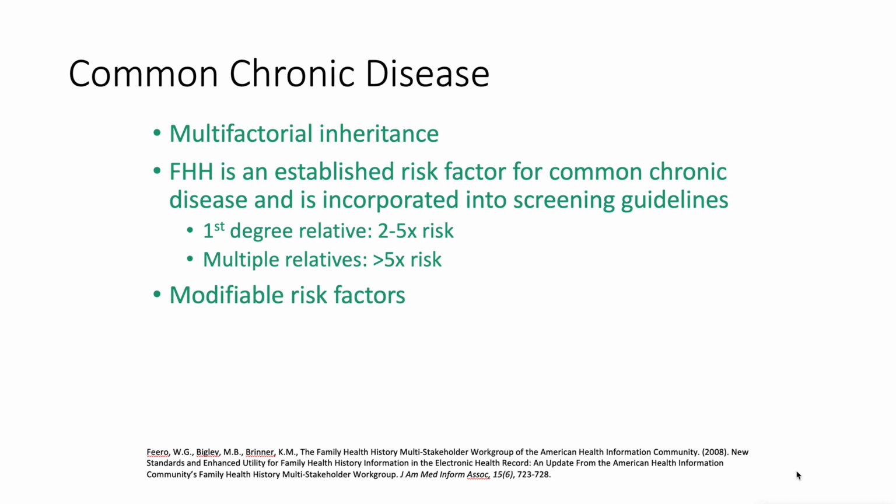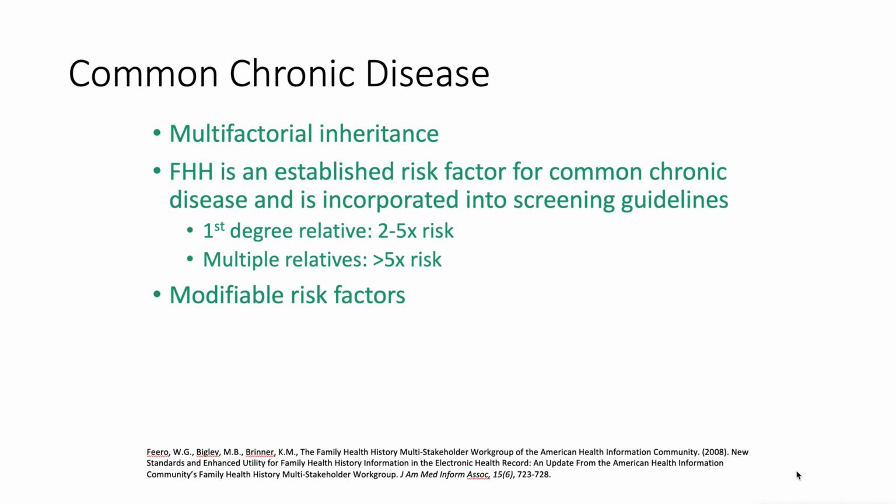So what about common chronic diseases like cardiovascular disease, certain types of endocrine disorders? They all have multifactorial inheritance. The family health history is an established risk factor for common chronic disease, and that gets incorporated into the screening guidelines.